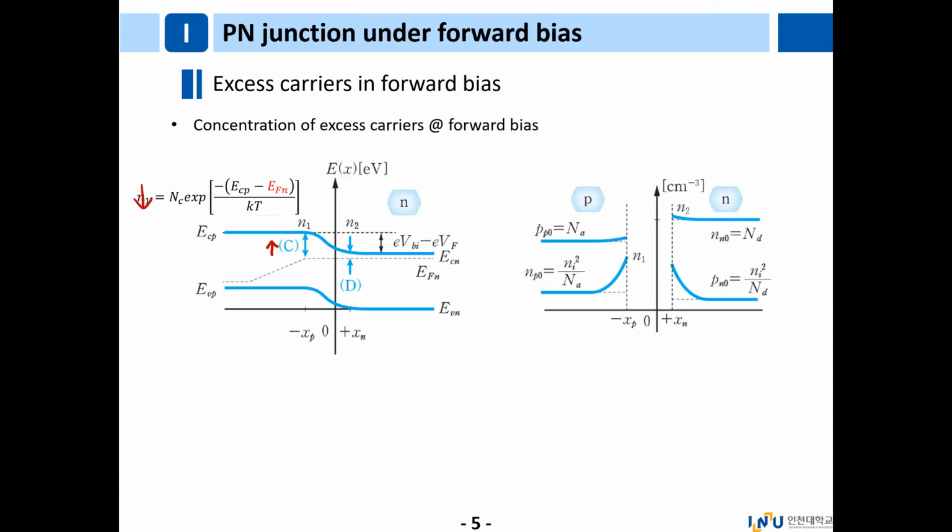On the other hand, n2 is the electron concentration of the majority carrier at x equal xn. n2 becomes this one, and the smaller this energy gap, the higher the electron concentration, right?